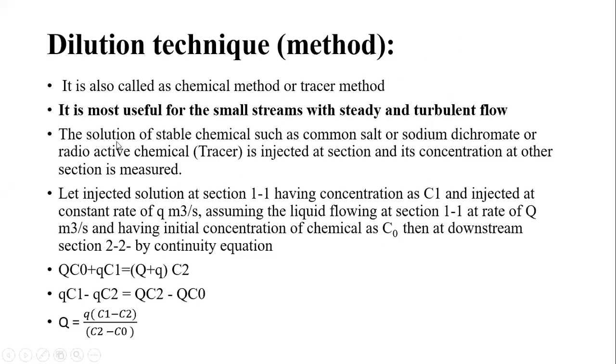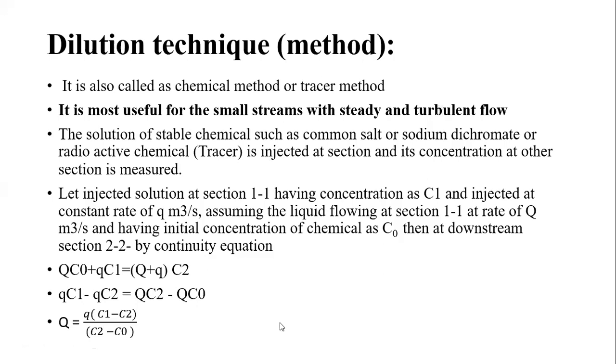In this method, the solution of stable chemicals such as common salt or sodium dichromate or radioactive chemicals, those are called tracers, are injected at a section and its concentration at another section is measured.